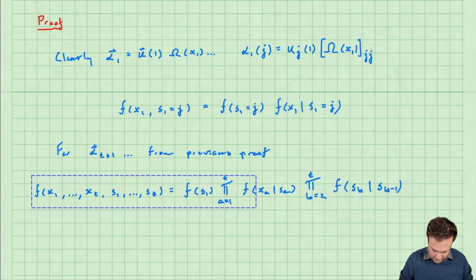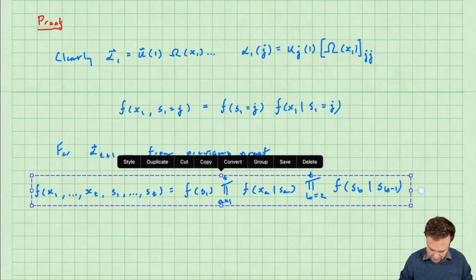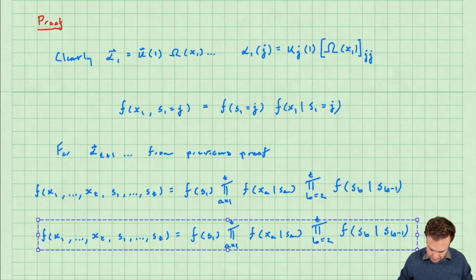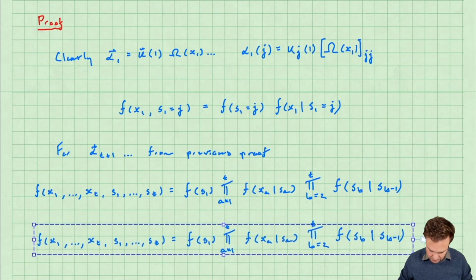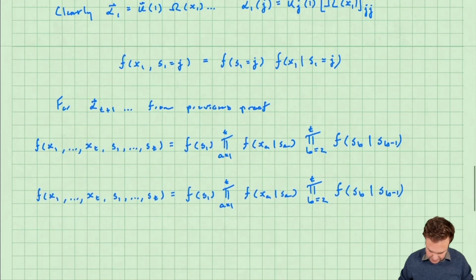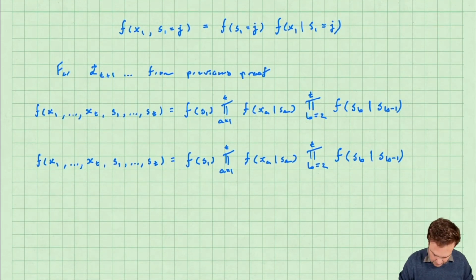And if you compare that to what it looks like when you go to t plus 1, ask yourself which things actually change. On the right-hand side, these things become t plus 1. This is all that really changes on the right-hand side. So we get 2 extra terms in the product, and this is the point we want to notice.